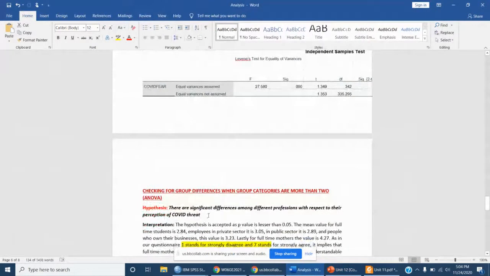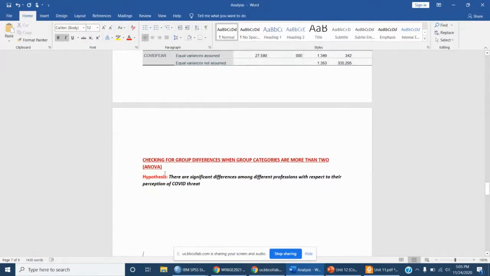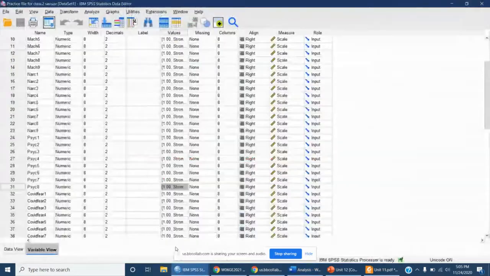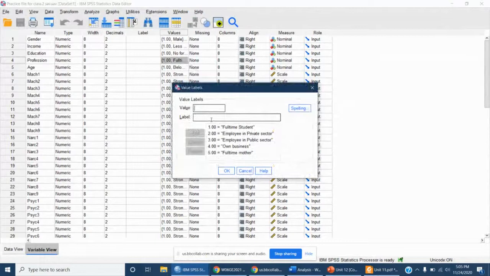Okay, so for our ANOVA test, the hypothesis would be like this. Usually the ANOVA test is conducted when your independent variable has more than two response categories. In our coding, we realized that profession has more than two response categories.